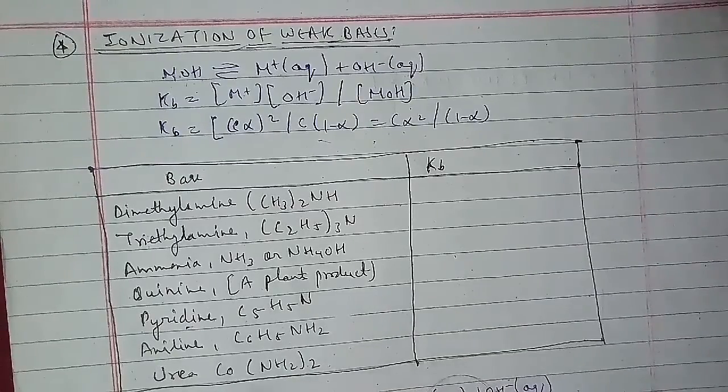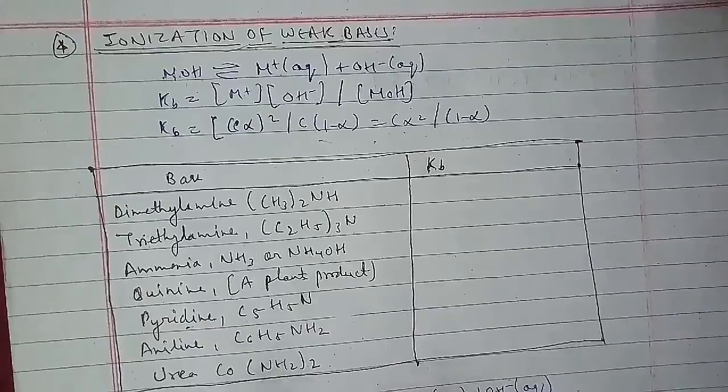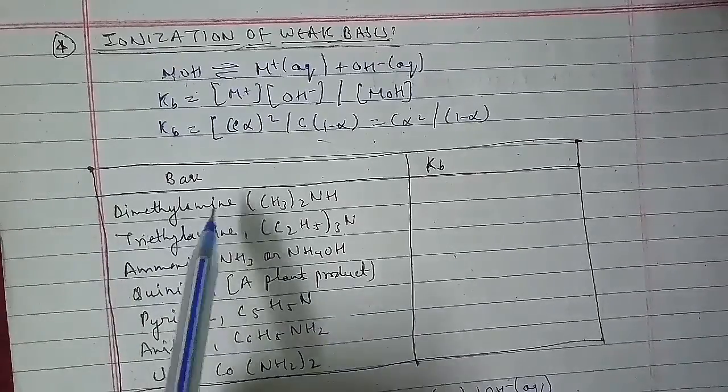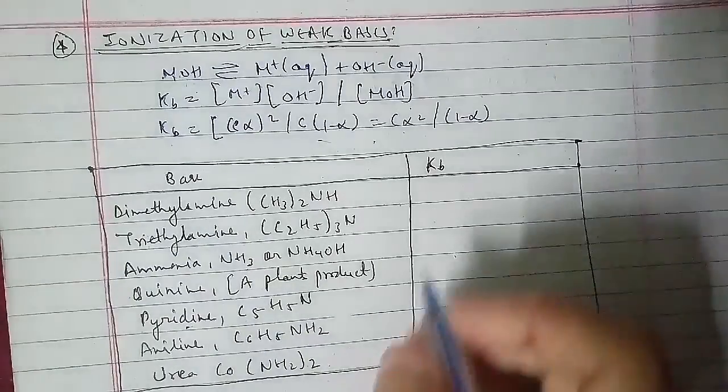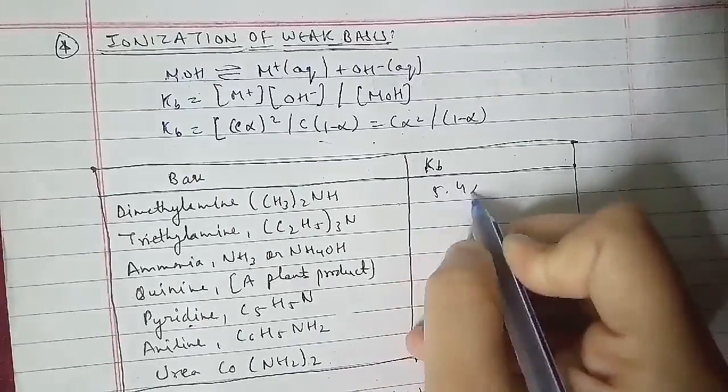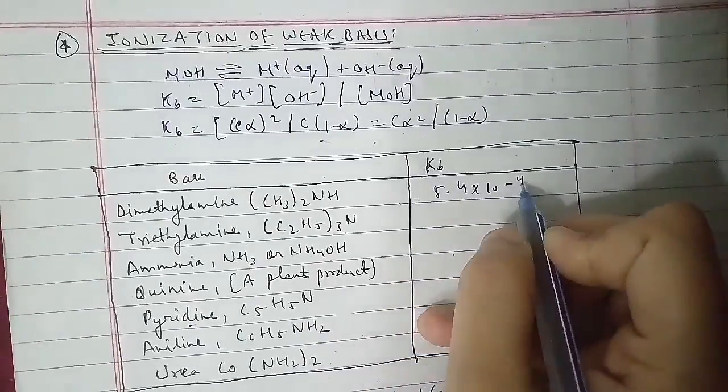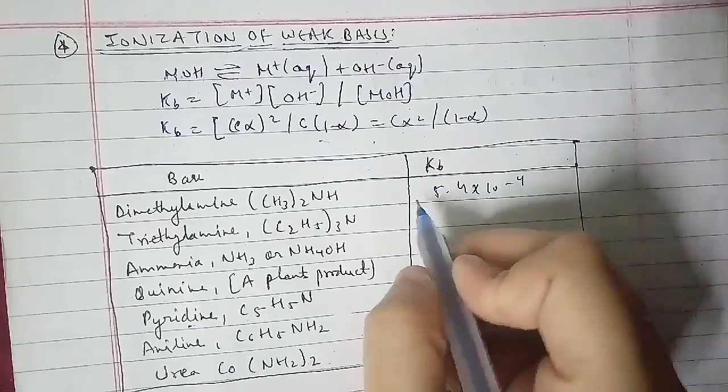The question is: the pH of 0.004 M hydrazine solution is 9.7, calculate its ionization constant Kb and pKb.